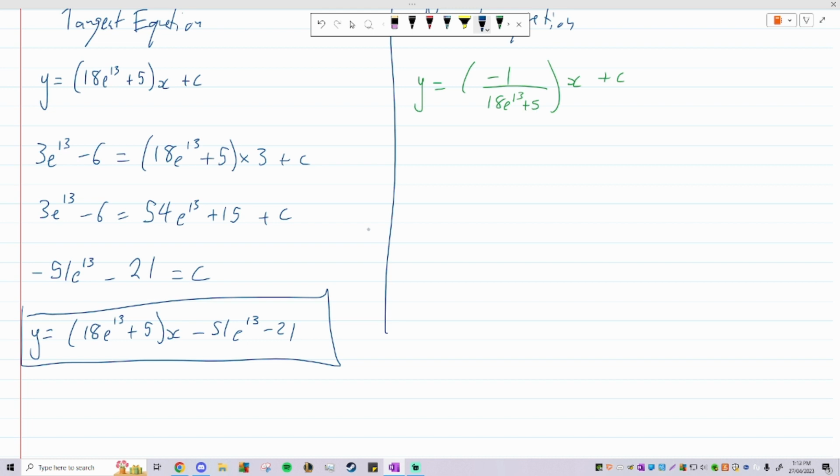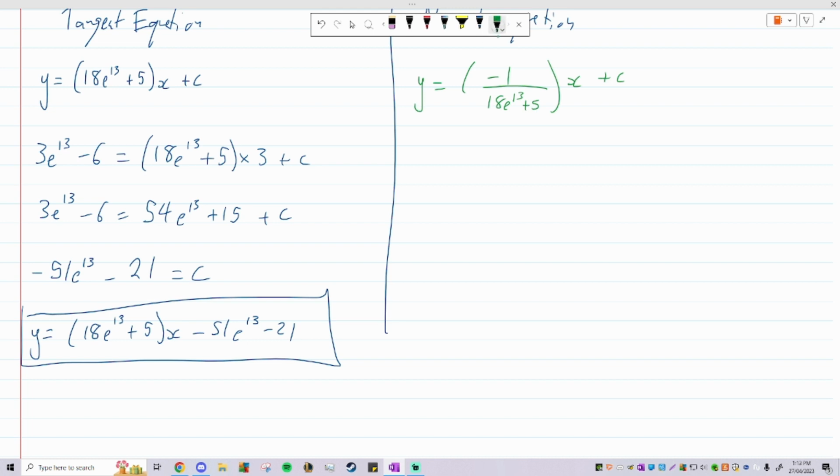It can be done with e's, logs, circular functions, fractions, etc. The idea is just take the derivative, use that to find the gradient of the tangent. Negative 1 over that gives you the gradient of the normal. Then you plug it into y equals mx plus c and you're happy days.